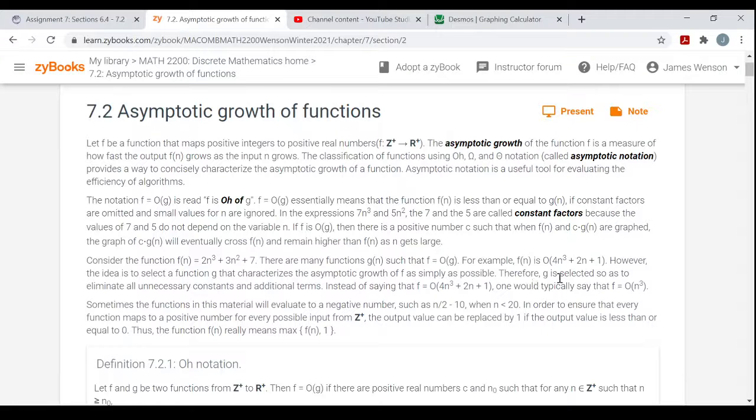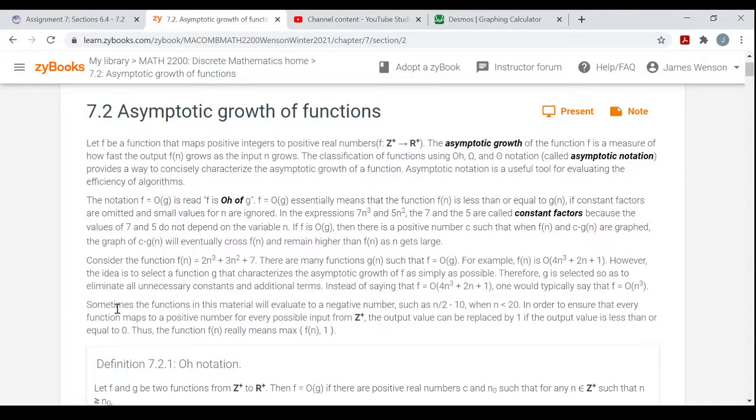Therefore, g is selected so as to eliminate all unnecessary constants and additional terms. So instead of saying that f is O of 4n cubed plus 2n plus 1, one would typically just say that f is O of n cubed, the highest order term in that polynomial.